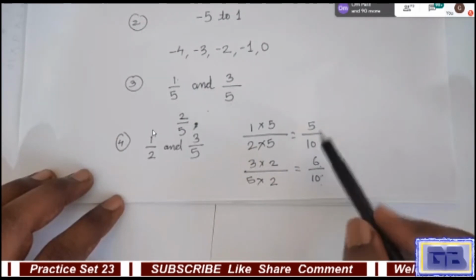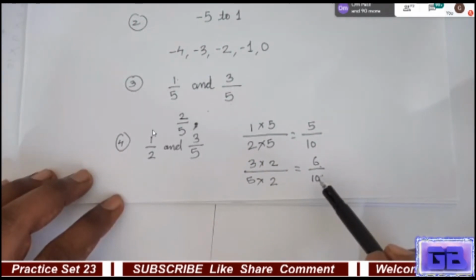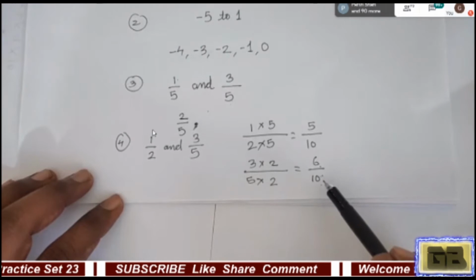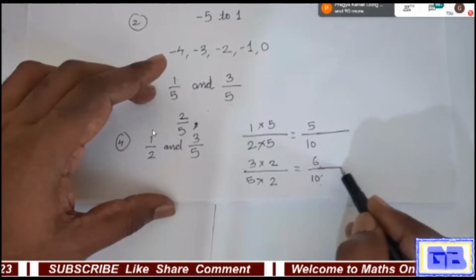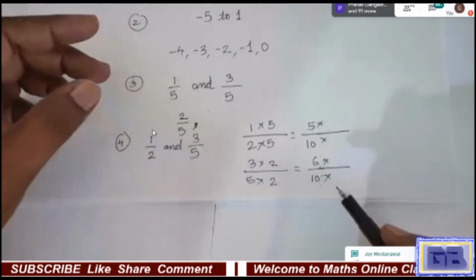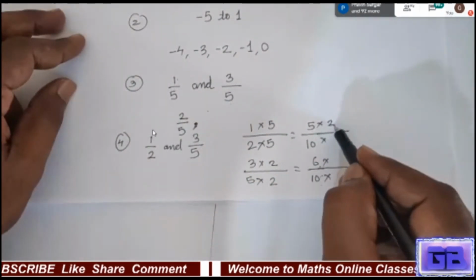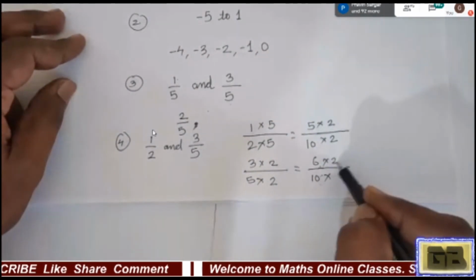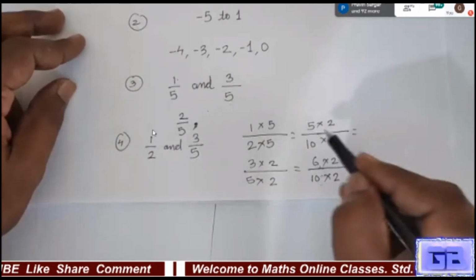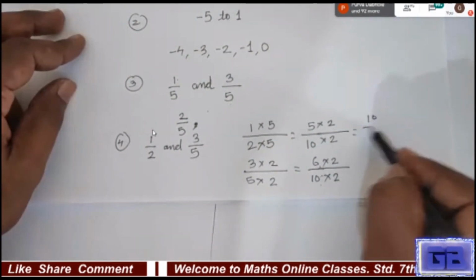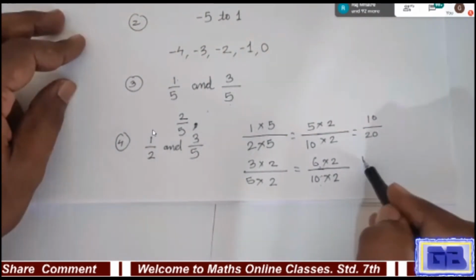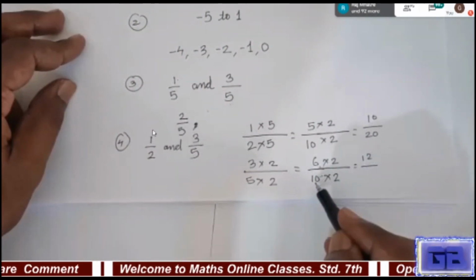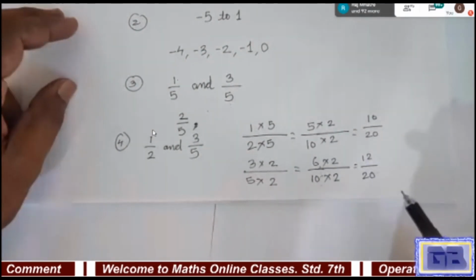We again multiply both rational numbers with 2. Take multiplication signs and 2 at all places: 5 twos are 10, 10 twos are 20, 6 twos are 12, and 10 twos are again 20.